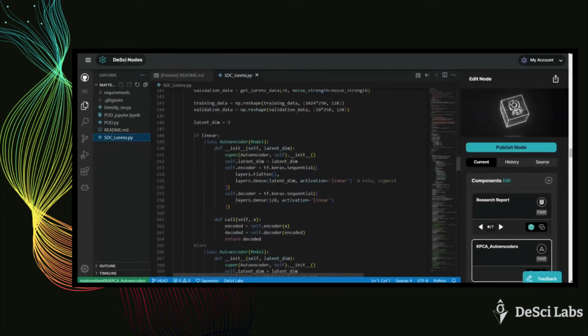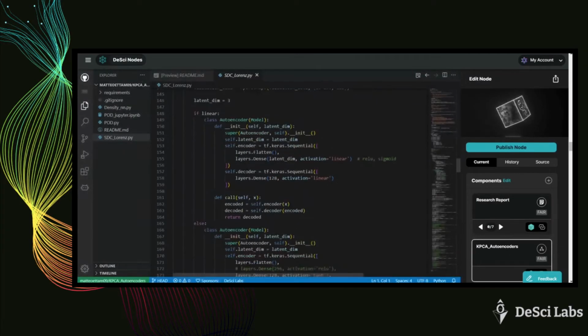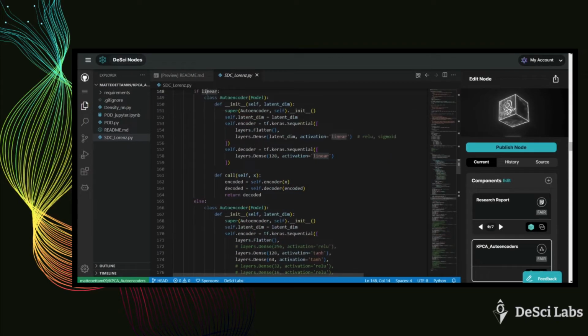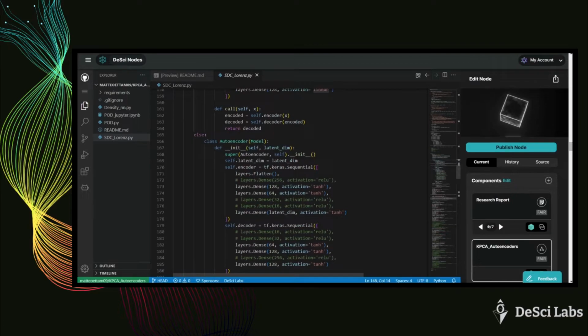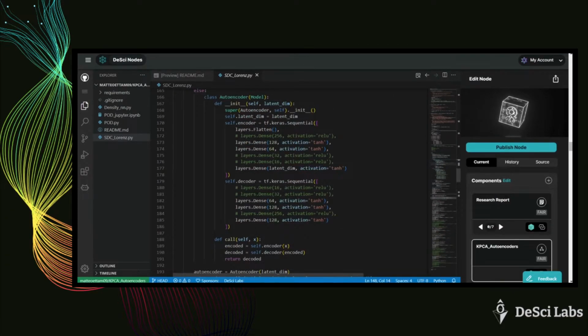The thing that I didn't mention is that here we can bring this three-dimensional space to 128-dimensional linearly or non-linearly. In the code, we have two cases, linear and non-linear, and for each of them we have a different kind of mapping. I'm just looking at the non-linear part. So we have such a network. The first part, as I said, is called the encoder.